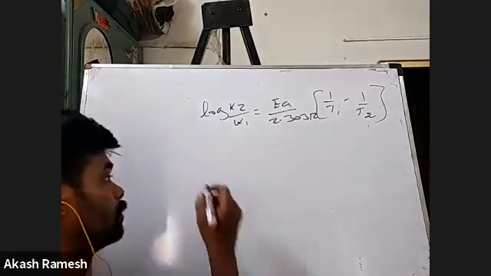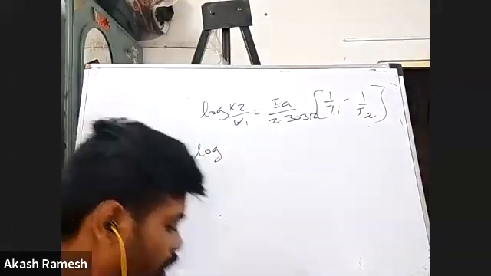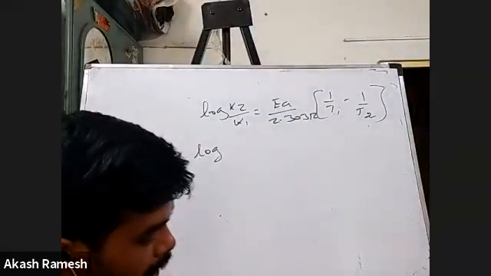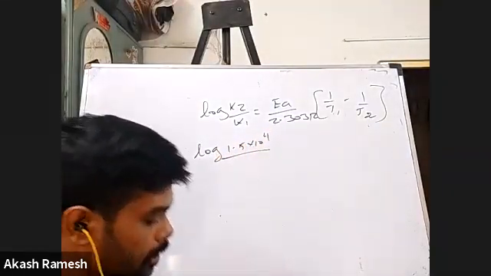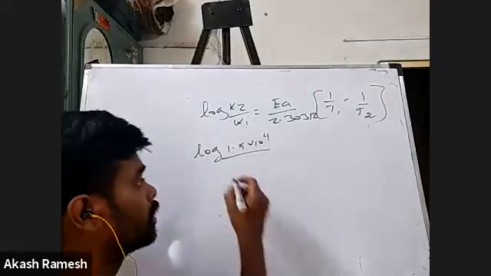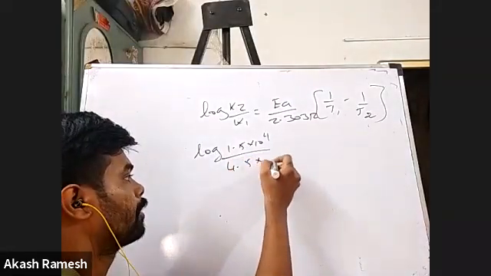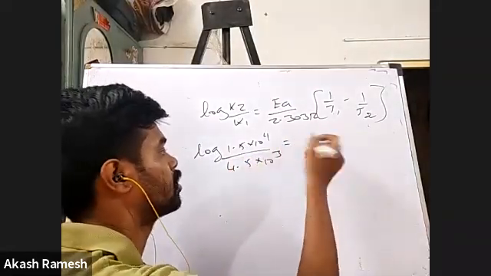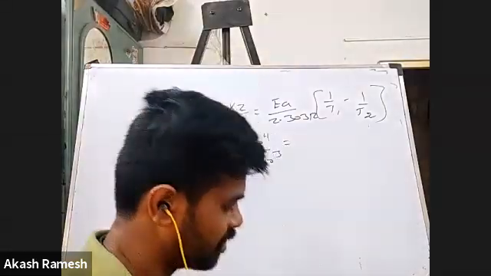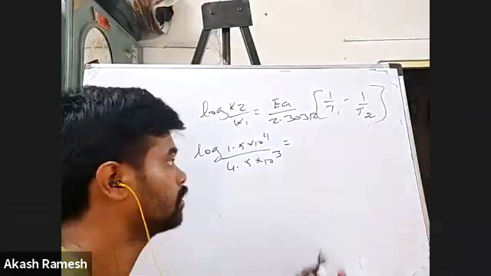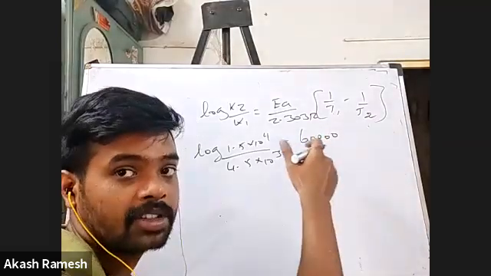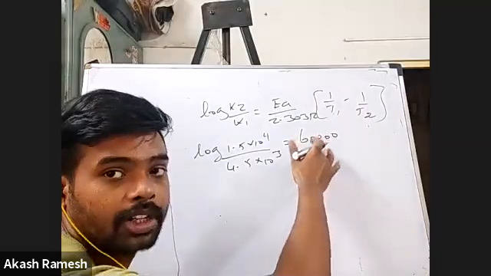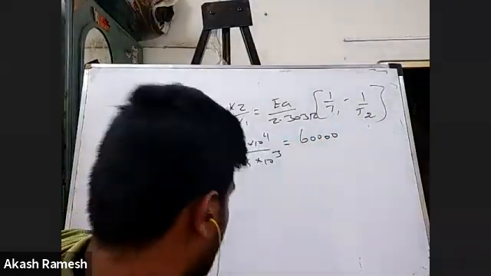Right. So log of K2, where K2 is 1.5 into 10 to the power 4, and K1 is 4.5 into 10 to the power 3, is equal to the activation energy, which is given as 60 kilojoules. So it should be 60,000. Remember, 60 into 10 to the power 3 has to be substituted for the activation energy.